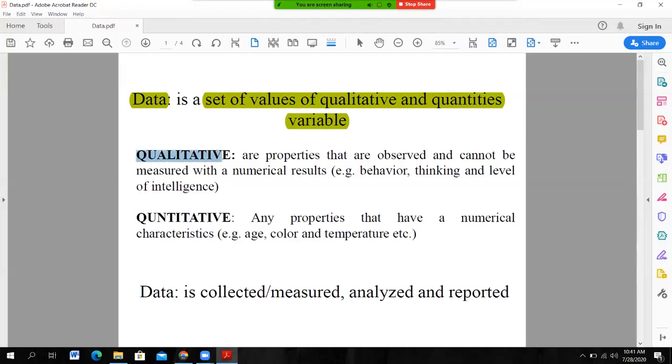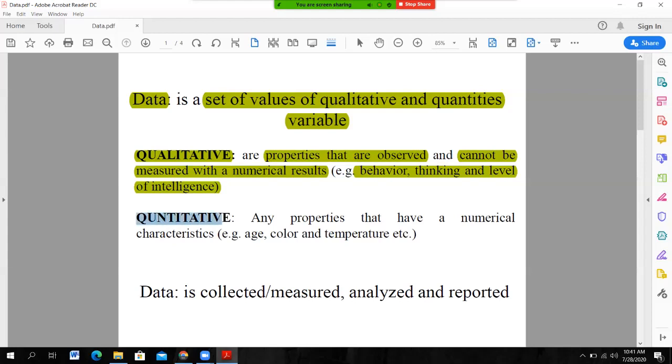Qualitative variable is any variable whose properties are observed but cannot be measured with a numerical result. For example, behavior, level of intelligence, these are qualitative properties.